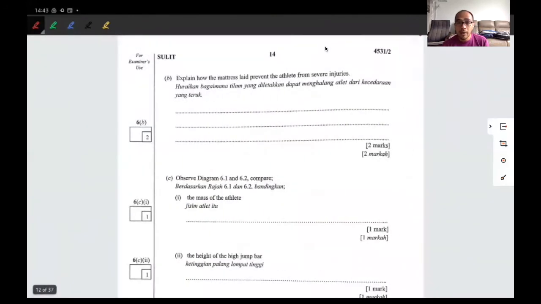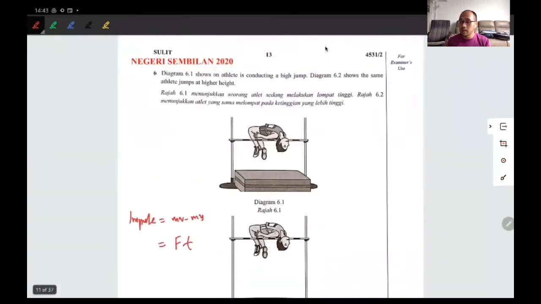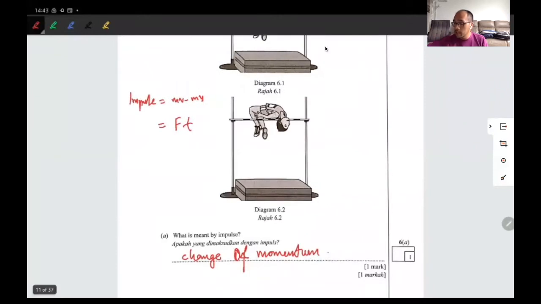Explain how the mattress laid prevents the athlete from severe injuries. This is a 2-mark question, and it's from Negeri Sembilan, so I don't want you to waste it.